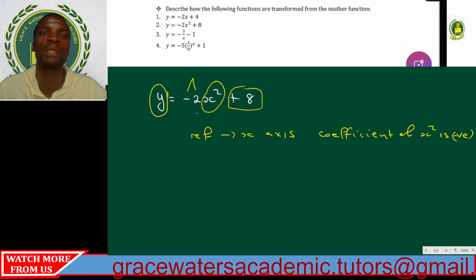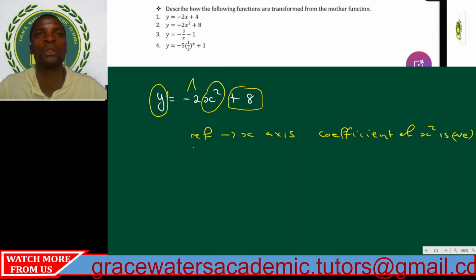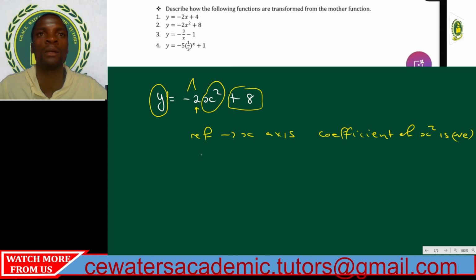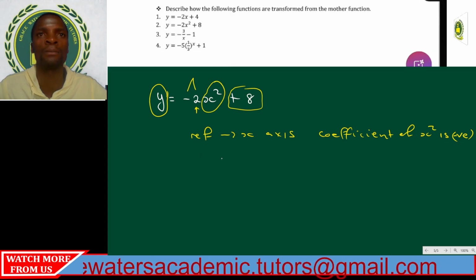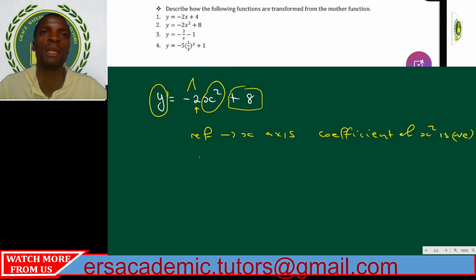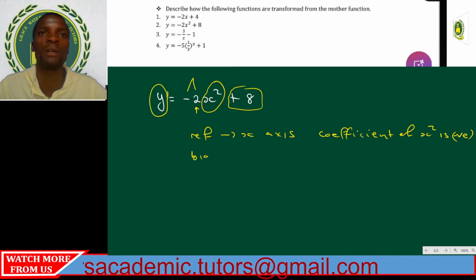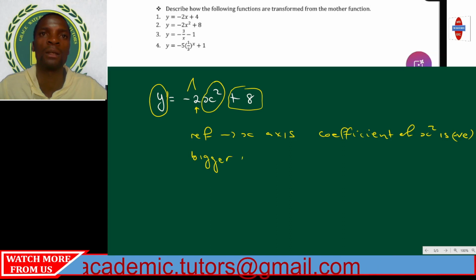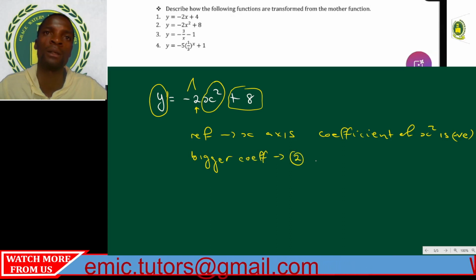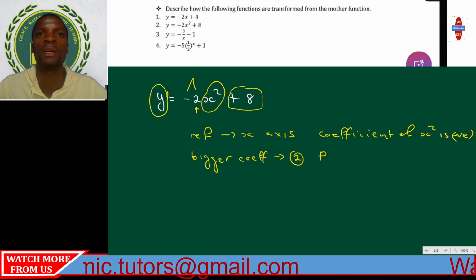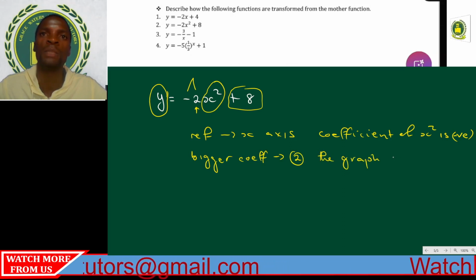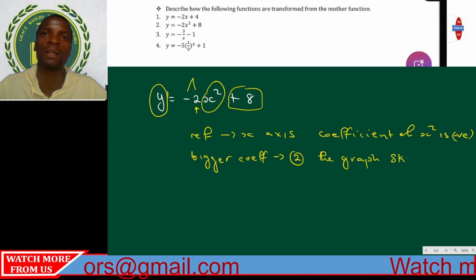Now consider the other thing here. We have got 2, so what is this 2 doing? The coefficient of x squared is bigger than 1, so we have a bigger coefficient, which is 2 here, indicating that the graph should be skinny.